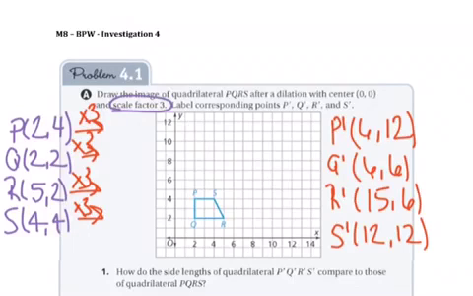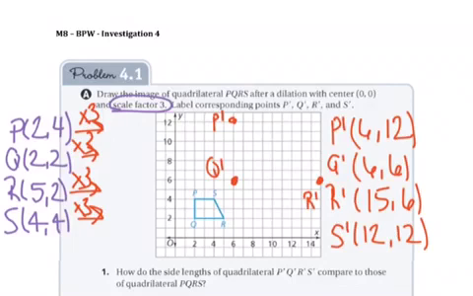Now we're going to go and actually plot these points. P prime we have is 6, 12. You're going to plot and label. Q prime is 6, 6. So again, plot and label. R prime is 15, 6. Plot, label.